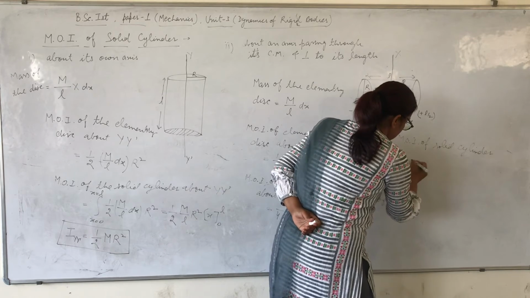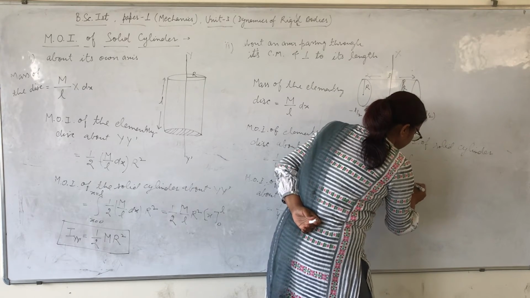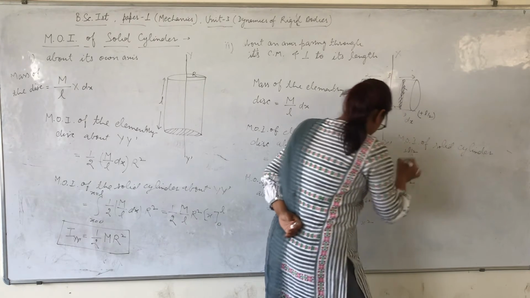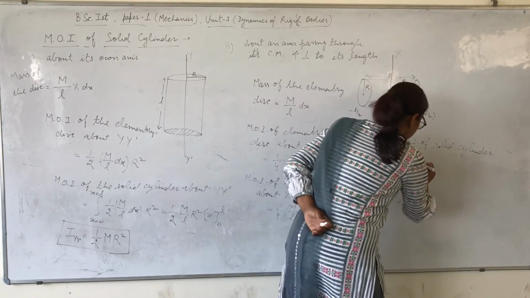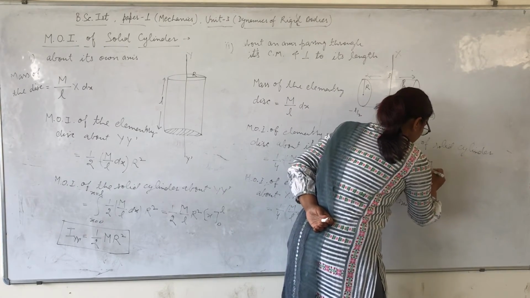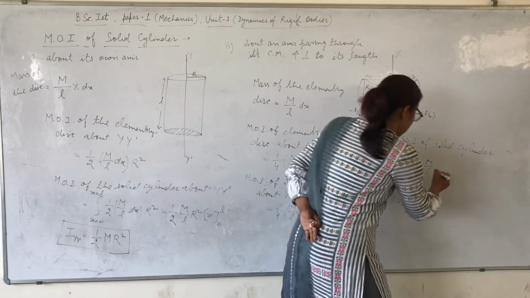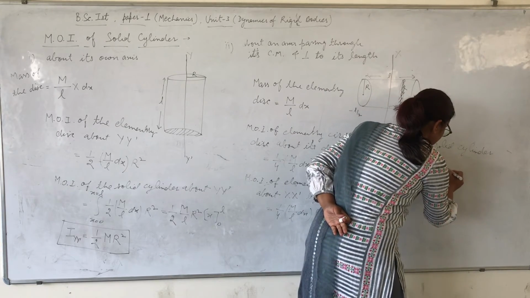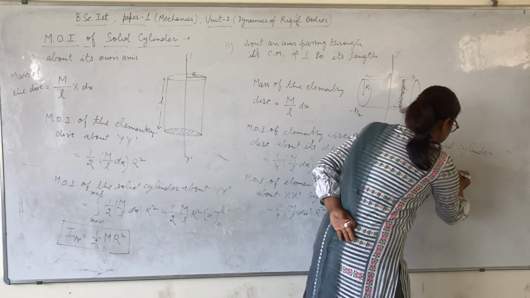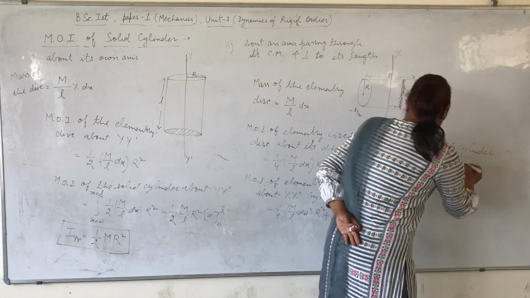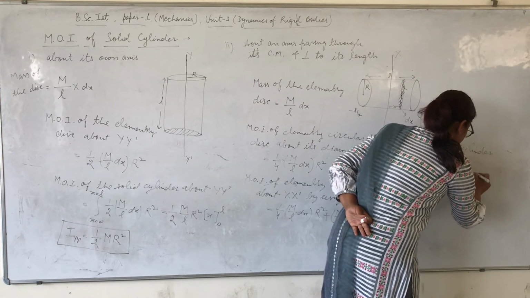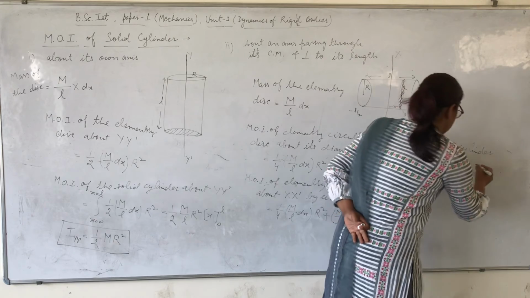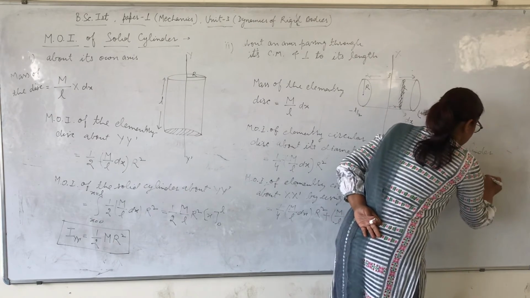It is equal to the integral from minus l by 2 to plus l by 2 of 1 by 4 m by l r square dx plus m by l x square dx.